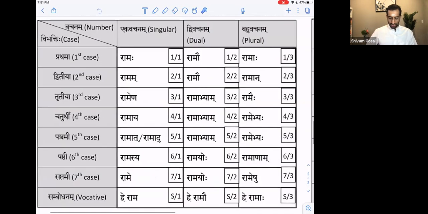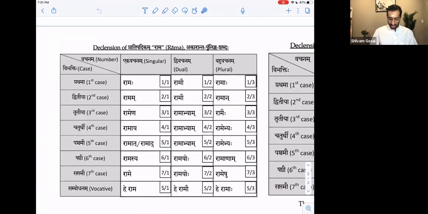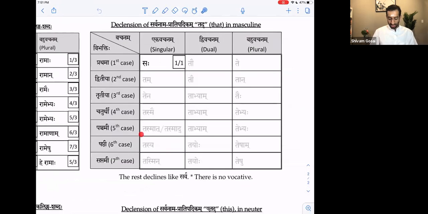All right. So if you see Rama-śabdha, jaśtvam is the sandhi for this fifth case. So you notice how there's two forms for Rama, Ramat or Ramad. The reason there's two forms is because of jaśtvam-sandhiḥ. You might have noticed that for a lot of the declensions. For tad, we have tasmat or tasmad.